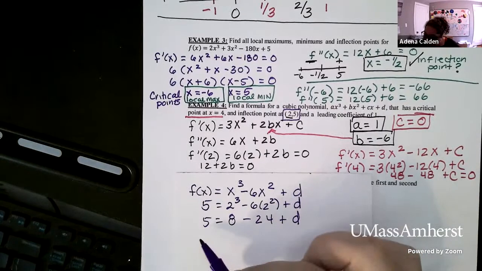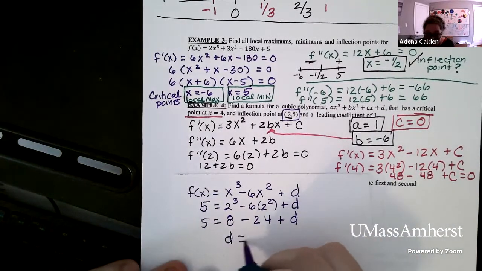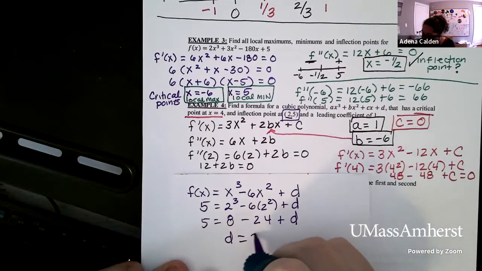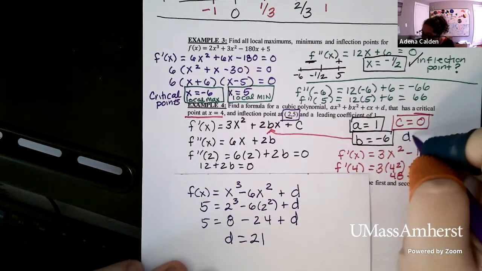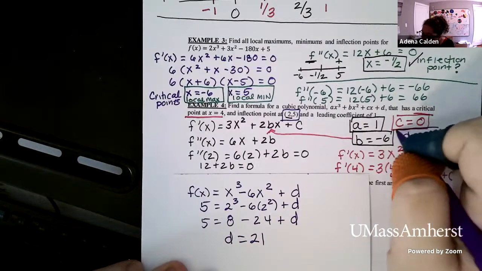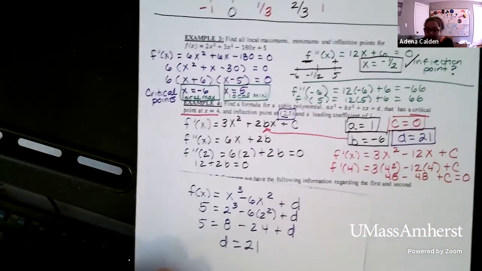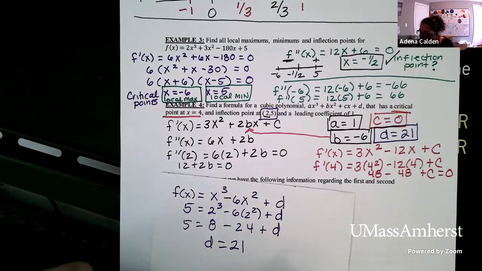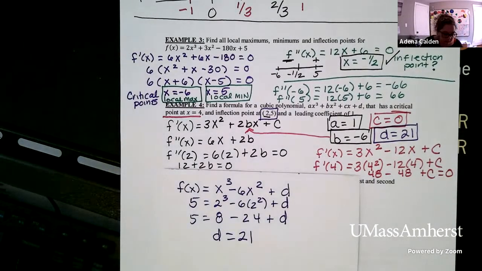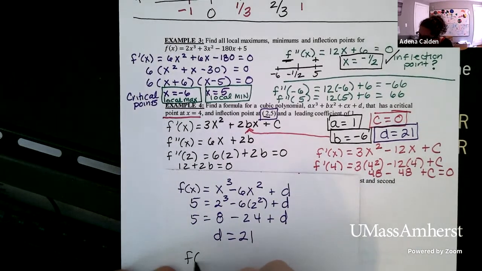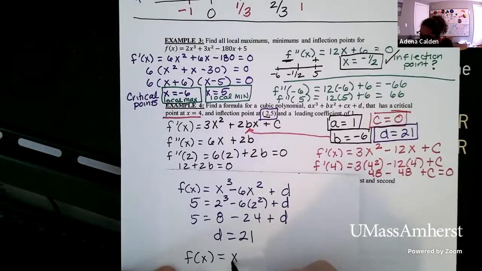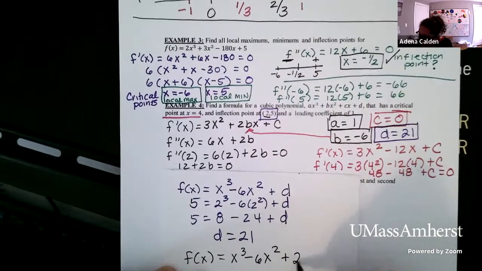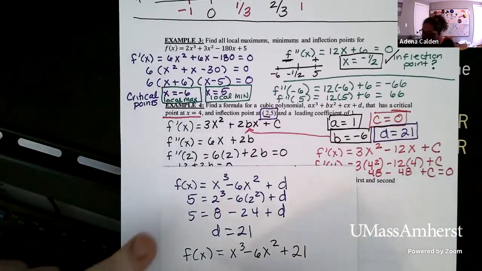So we're going to add 16 over to the other side, right? 16 plus 5 gives me a D value of 21. So now we have the value of A, B, C, and D. And so my final equation, when I put that all together, is f of x equals x cubed minus 6x squared plus 21.